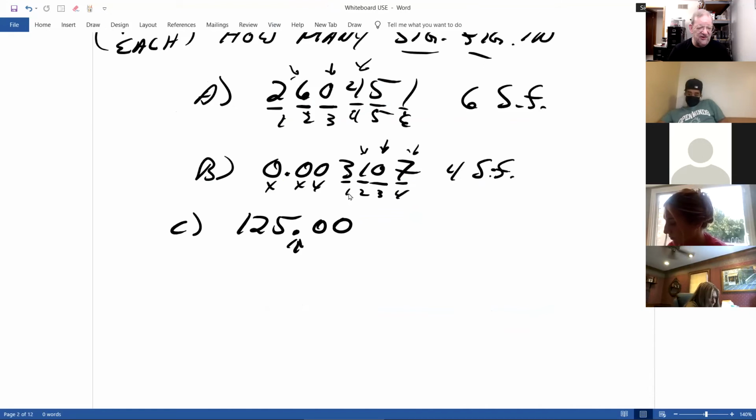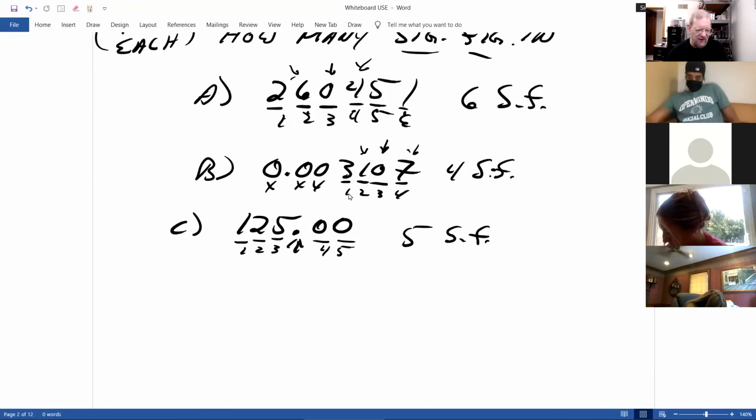It's explicitly shown. All non-zero numbers are significant. There are 3. Oh, we've got zeros, and they're at the end of a decimal point. So these would be significant. And therefore, this would have 5 significant figures.